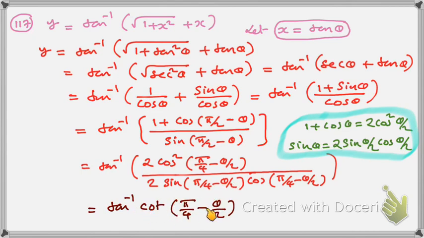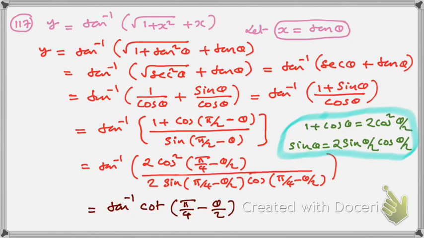So that makes it cot of pi by 4 minus theta by 2. But this is what I was hoping for, that tan inverse and that tan would come, so tan inverse and tan would get cancelled. Unfortunately, it didn't happen, because what was left here after cancelling one cos was cos by sine, which became cot of pi by 4 minus theta by 2.